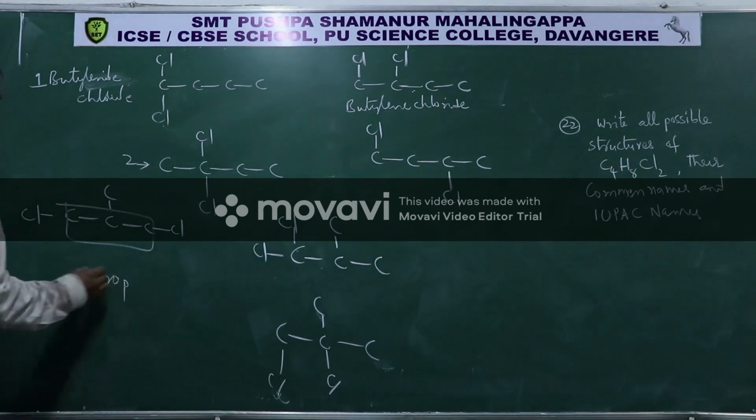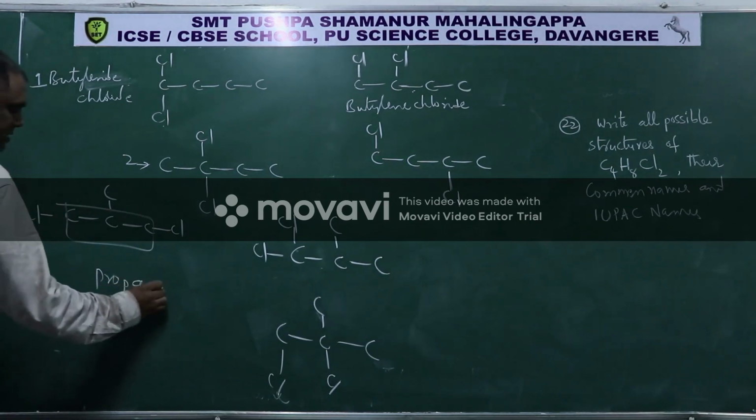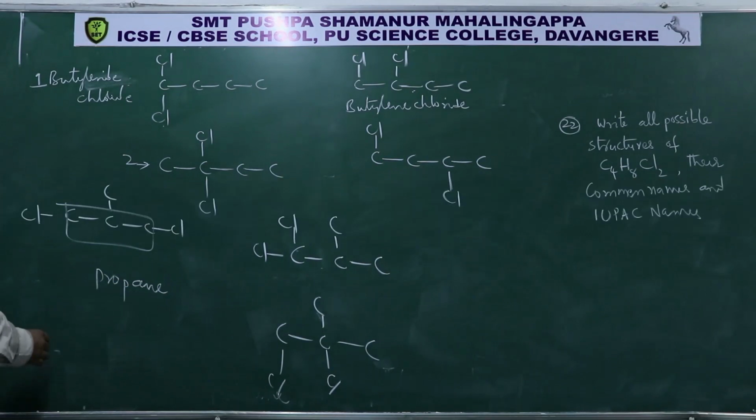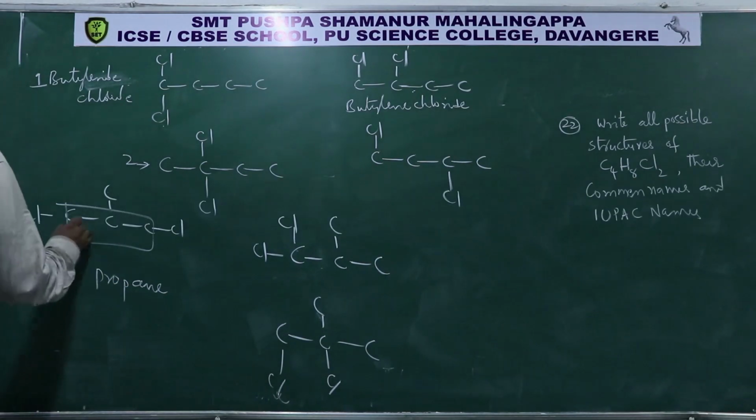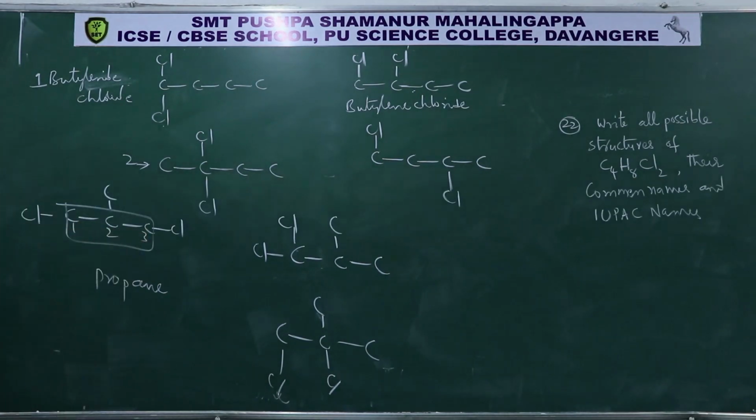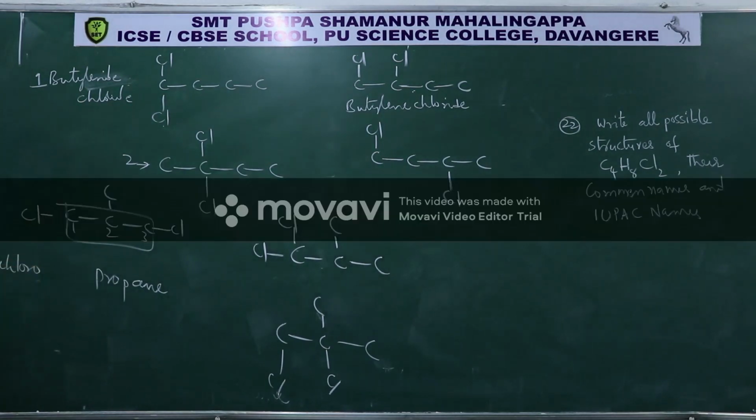Prop is the root word, ane is the primary suffix, then 1, 2, 3, then it becomes 1,3-dichloro-2-methylpropane.